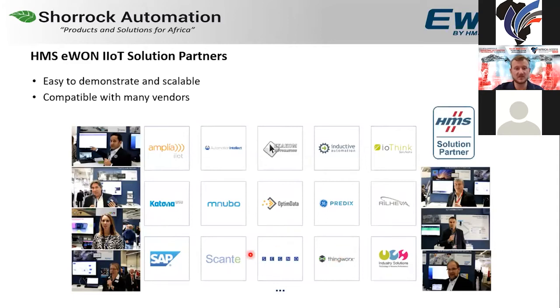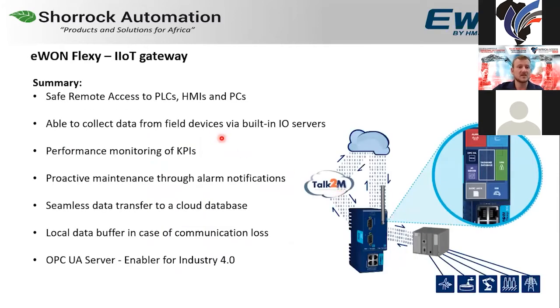Just some examples: ThingWorx, SAP, Inductive Automation's Ignition, for instance. So all of these platforms are available to bring data to. You're not limited to only E1 solution partners, of course, because we are open in the sense of MQTT or HTTPS data interpretation.